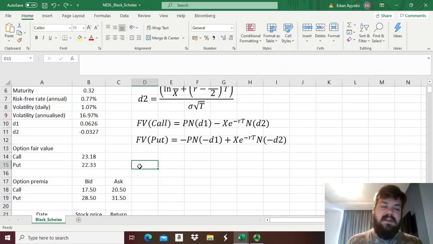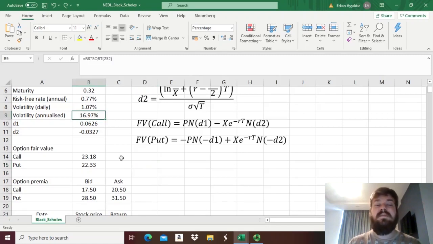Well, the main limitation of the Black-Scholes model that corresponded actually to the demise, to the failure of Long-Term Capital Management in 1998, was the fact that the Black-Scholes model assumes the volatility to remain constant.